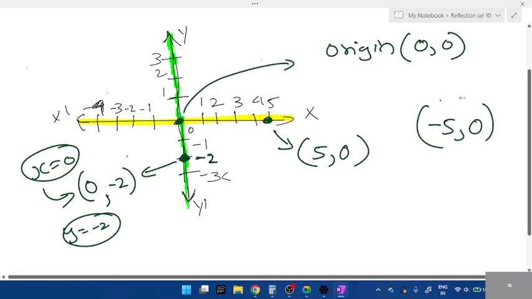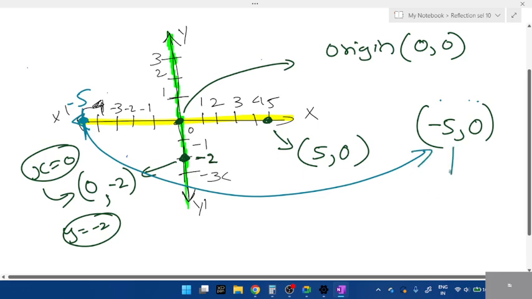Quadrant in the sense both will have a value. Here, why does y have a value? Remember this, students, if any one value is 0, does it lie in a quadrant or an axis? So look at x as minus 5 here. This is the answer. So how do you read this? x is equal to minus 5, y is equal to 0.